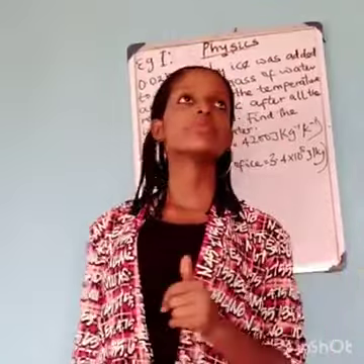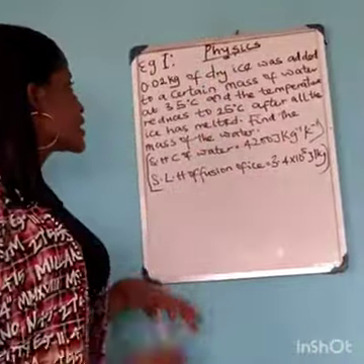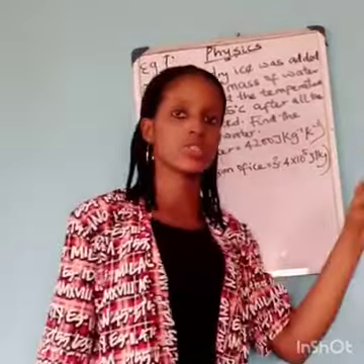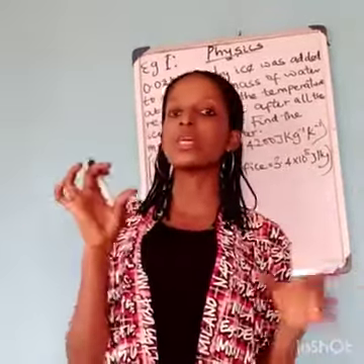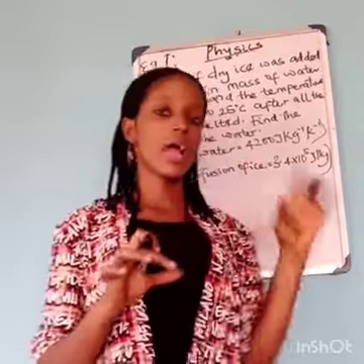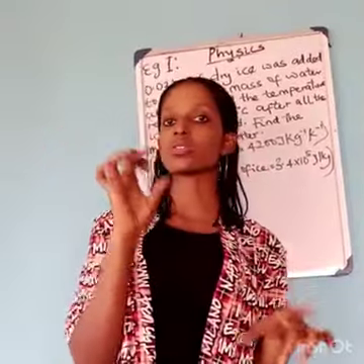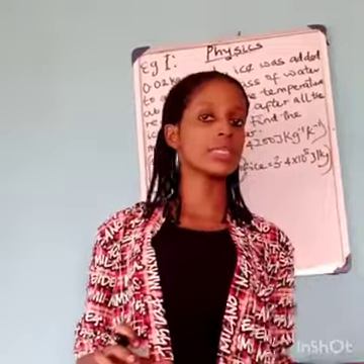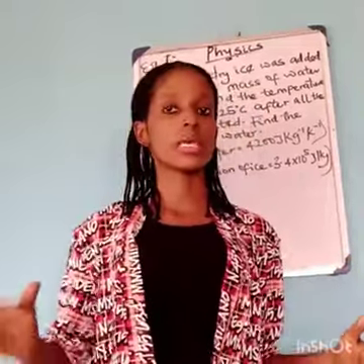For this example, you can see that the water was initially at what? 35 degrees Celsius. And then it was mixed with ice. Remember, it's a dry ice, and then the ice was initially at what? 0 degrees Celsius. That means the ice here is the colder body, while water is what? The hotter body.